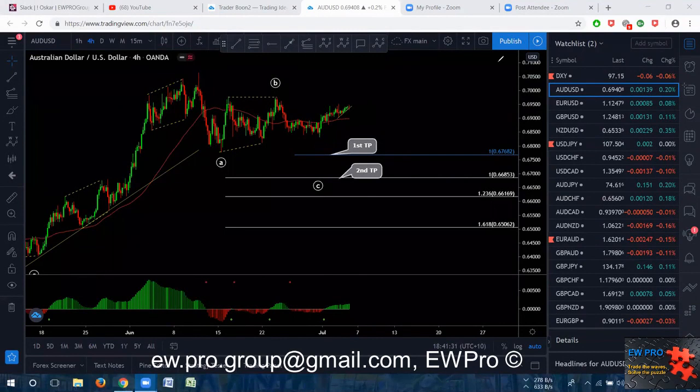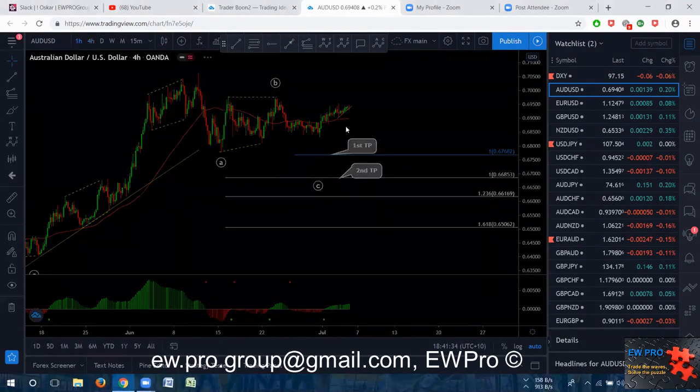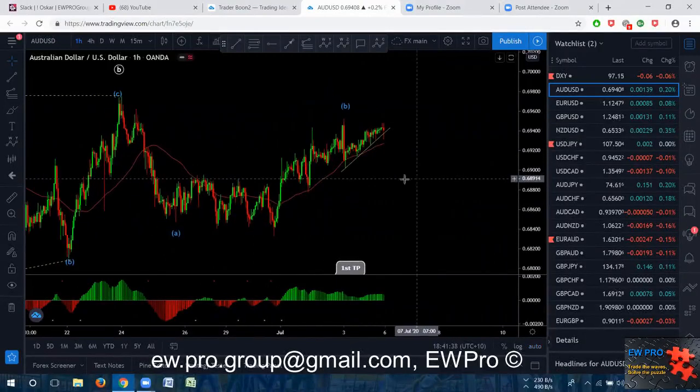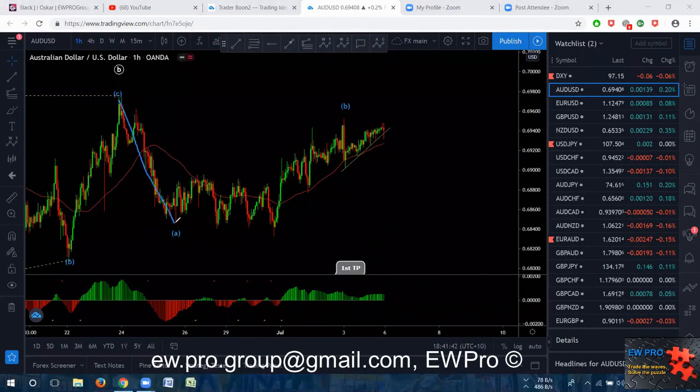Now, if we go to H1, there's a couple of structures we can get in here too, because we've got a reasonably sharp move down here. We've got a move up, and then we get this. So this can be an internal A, B, and a C for an expanding flat in here, and we just drop from here.